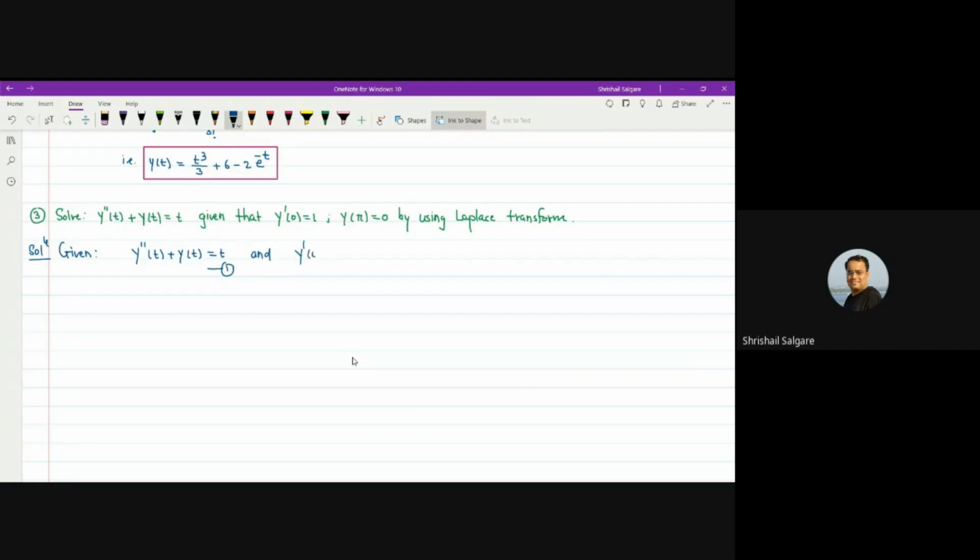Also it is given that y dash of 0 is 1 and y of pi equal to 0. So taking Laplace transform on both sides.